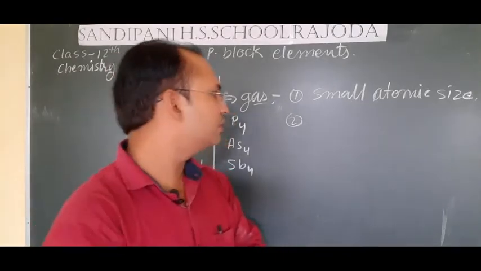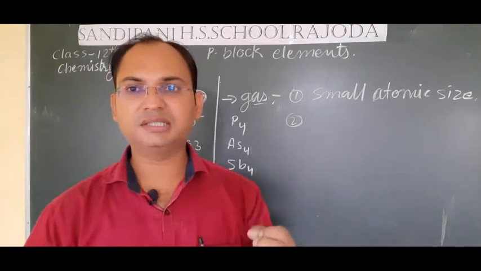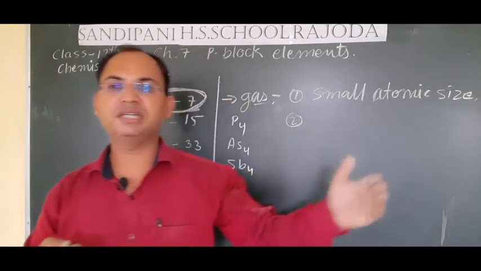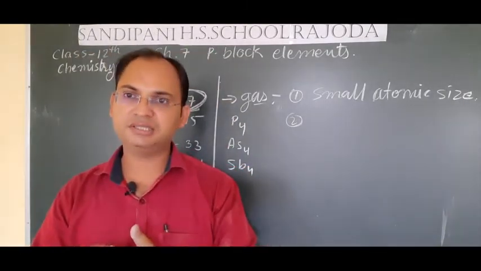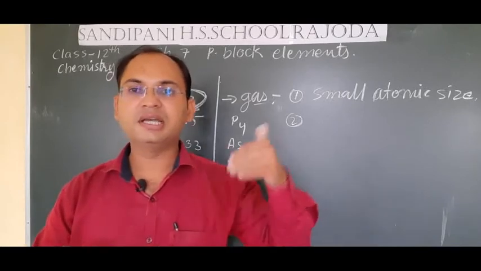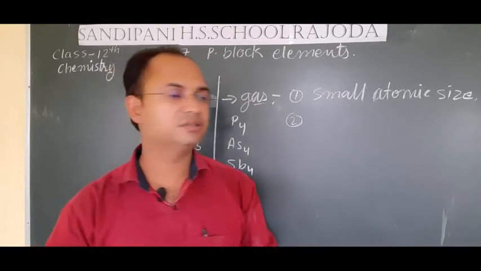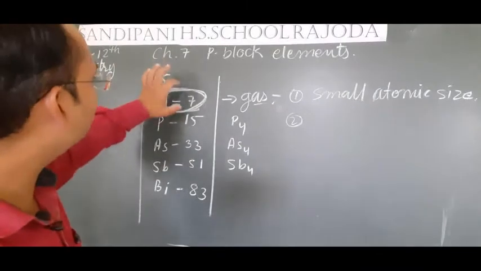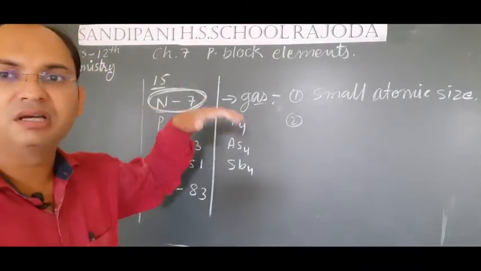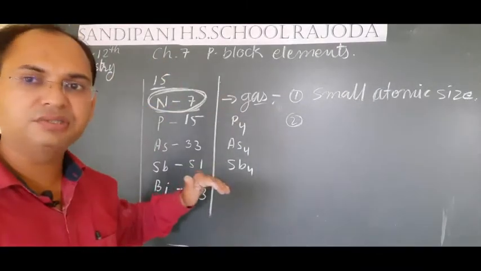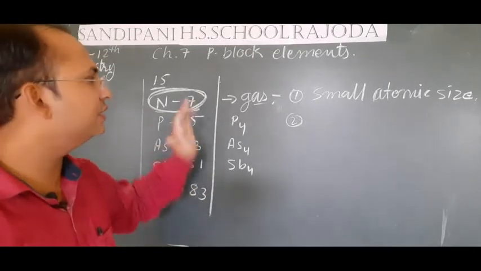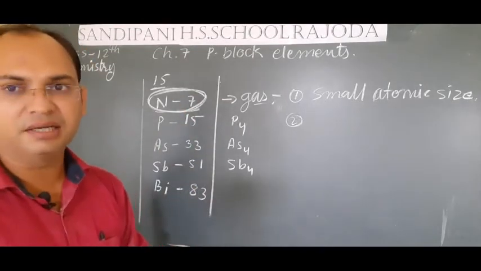So students, if any atom has a smaller size, then the distance of the electron from its nucleus will decrease. Consequently, its electronegativity will increase. So here, if the size of the nitrogen atom is very small as compared to the rest of the members, then its electronegativity will be high.